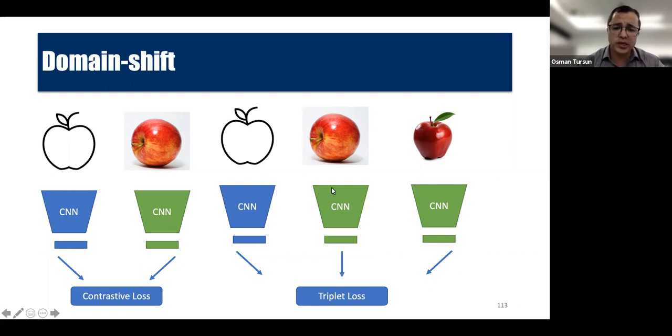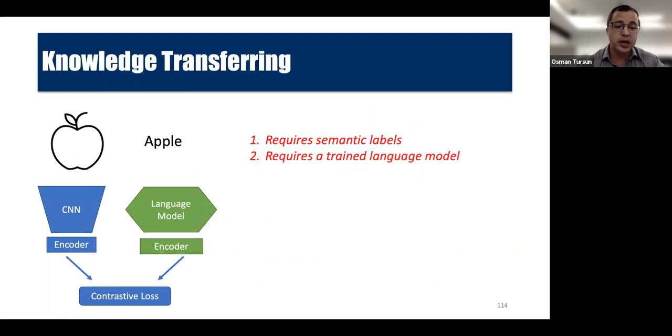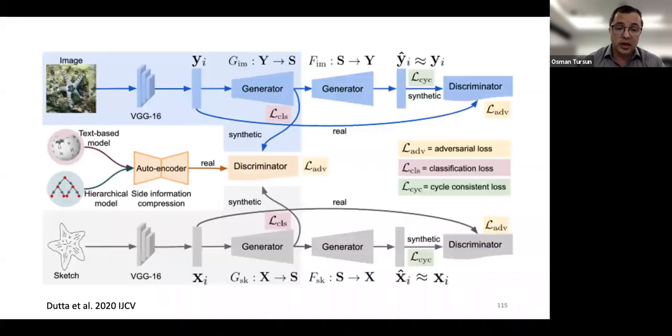And this increases the computational cost during the training and inference stages. To deal with the zero-shot problem, people use language models, transferring general knowledge from the language model to the visual model. These methods require semantic labels and a trained language model.